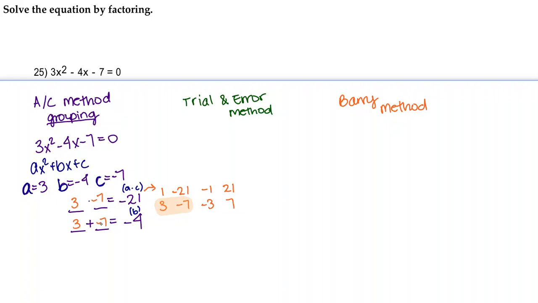So now we're going to plug in these terms instead of the b term here. So let's rewrite our equation. Let's bring down the 3x squared. And then instead of writing -4x, we're going to write +3x and -7x. And then we're going to bring down our -7 and of course our equals 0.